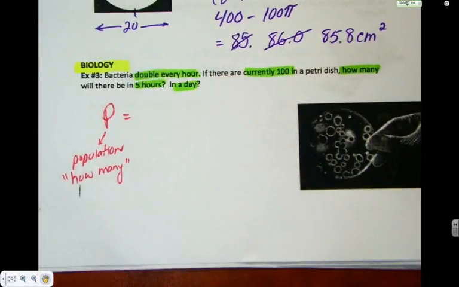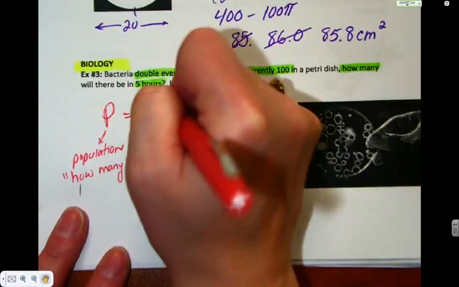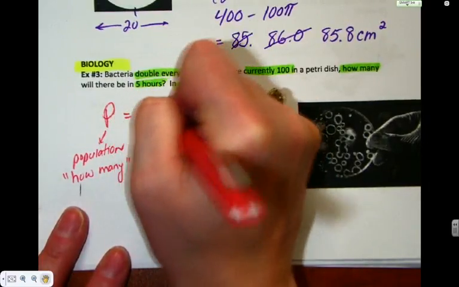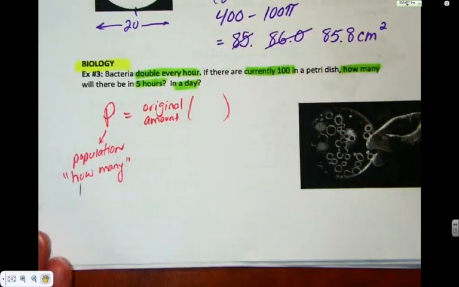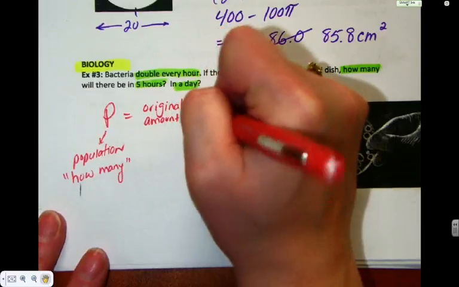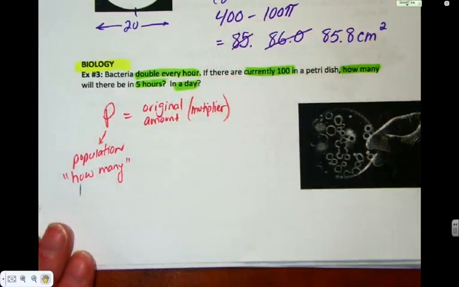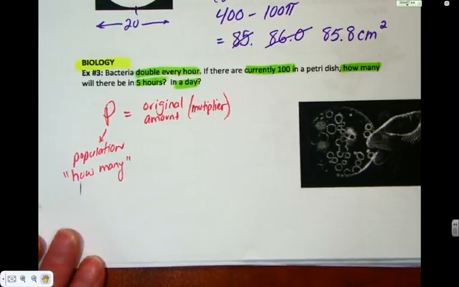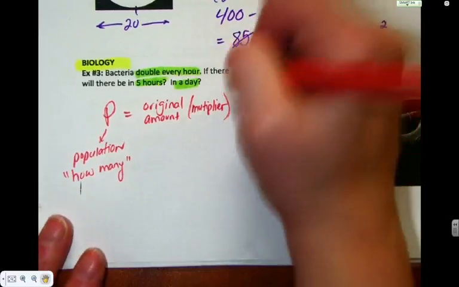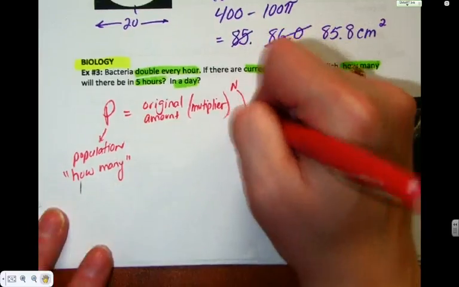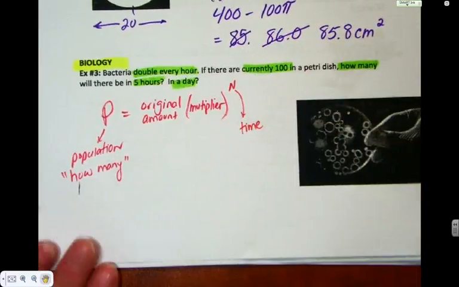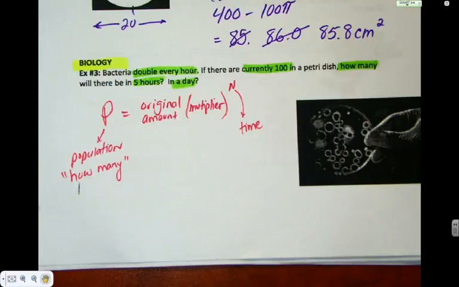P equals the original amount times what we call the multiplier, which I'll explain in a second, to the exponent n, and n is time. I know that's confusing. There's lots of words and stuff. You'll see with the first example, they're going to be the same every single time.